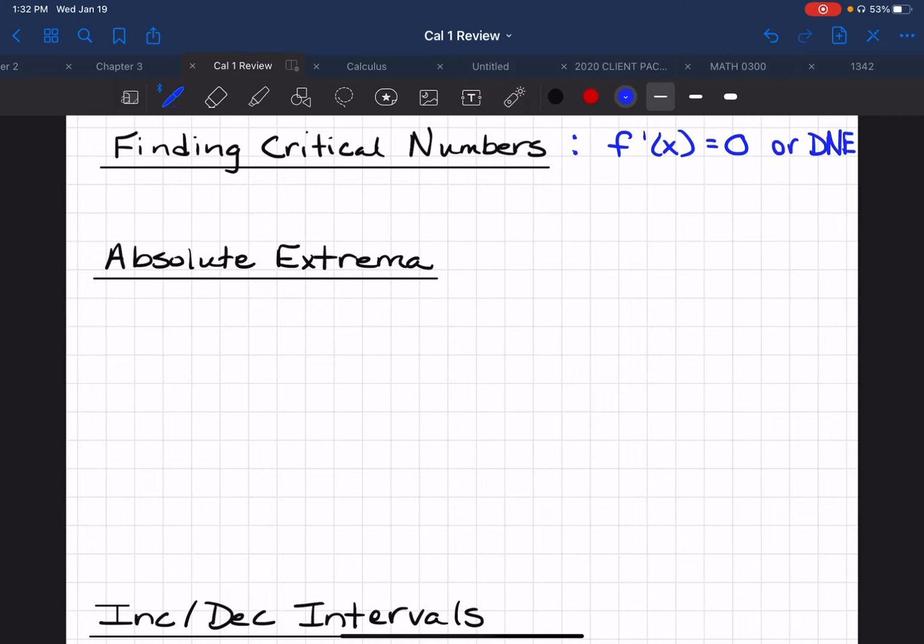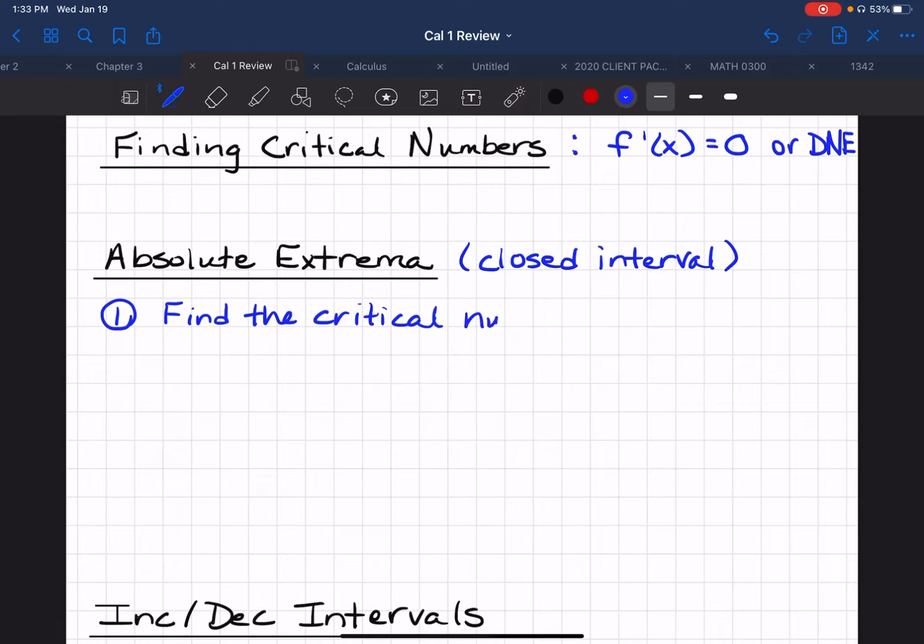First of all, let's find absolute extrema, which is on a closed interval. This is going to be kind of your cheat sheet to find everything. For absolute extrema, the first thing you're going to do is find the critical numbers, which is take the derivative and set it equal to zero.